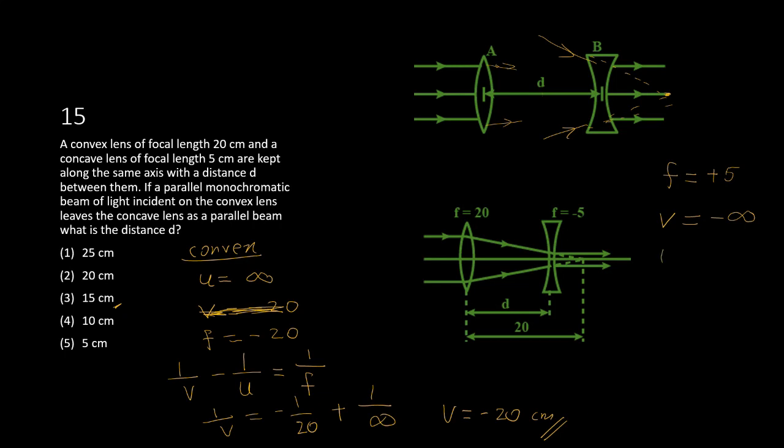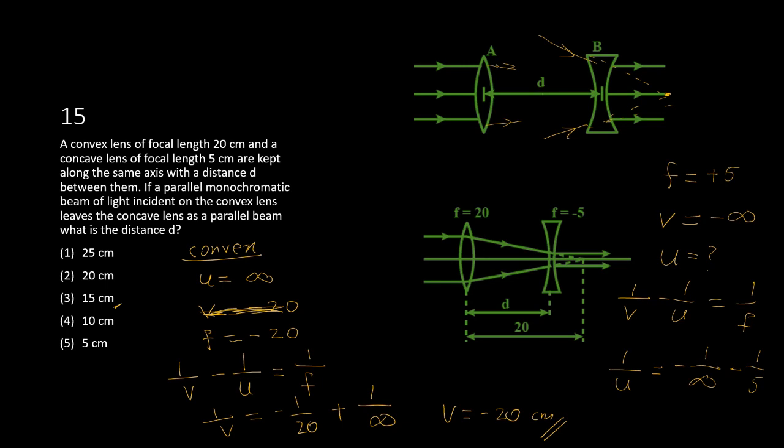You can find the object distance u by applying the lens formula, 1 over v minus 1 over u is equal to 1 over f. So you can write 1 over u is equal to 1 over v, that is 1 over negative infinity, minus 1 over 5.